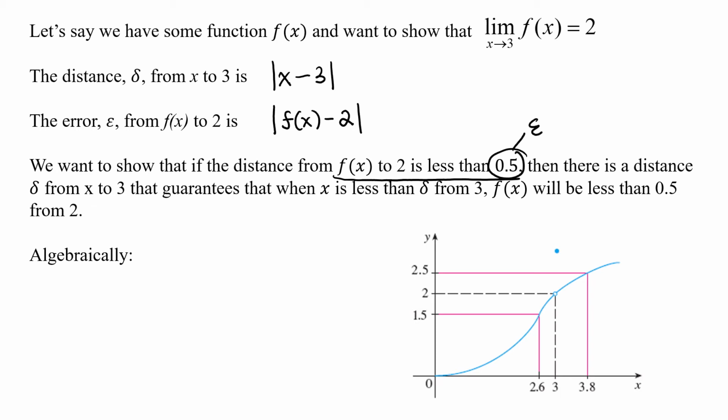And if that's true, then there's a distance delta from x to 3 that guarantees when x is less than that distance from 3, f of x will be less than 0.5 from 2.